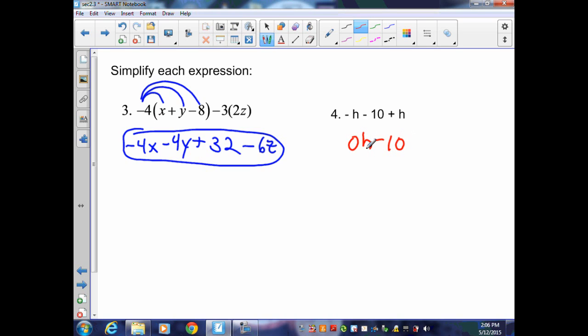Well, 0 times anything is 0, and 0 minus 10 is a negative 10. So actually, I would have gone from this step down to here. My variable here canceled out because 0 times any number is 0. And 0 minus 10 is the identity property, which gives me just my negative 10 back. So that's how this works. I can get rid of a variable if my coefficient is 0.